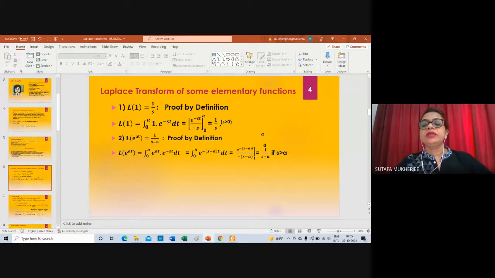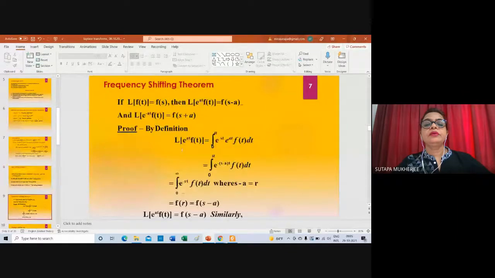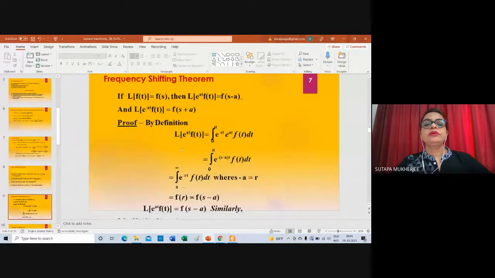Okay, that is the shifted one. Go there. Go there. Shifting theorem.